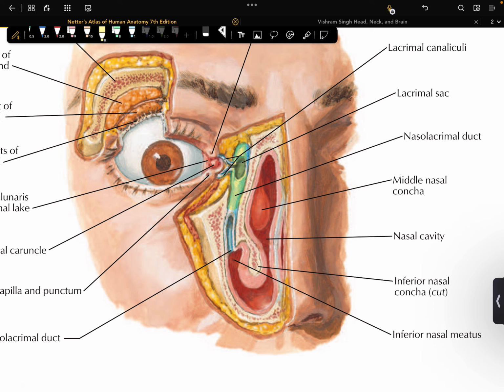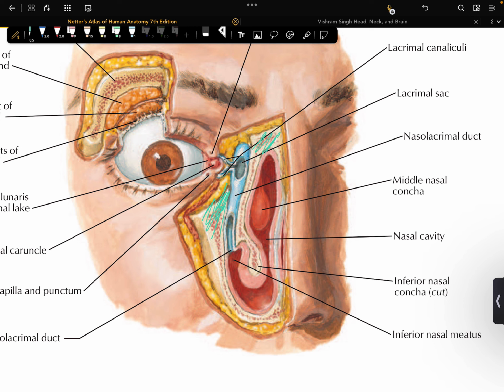It is bound medially by the lacrimal crest of the lacrimal bone and the frontal process of the maxilla.